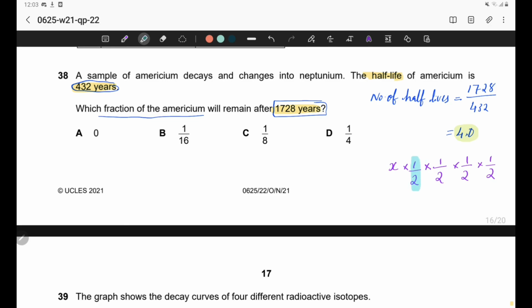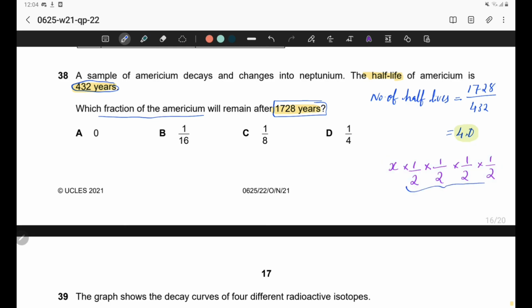So this will be the total remaining amount after the first half-life, and after the second half-life we have to multiply again by 1/2 to get the third half-life. After the third half-life, to know how much will remain, we have to multiply again by half, and after the fourth half-life, in order to check how much is remaining, we have to again take half of the amount.